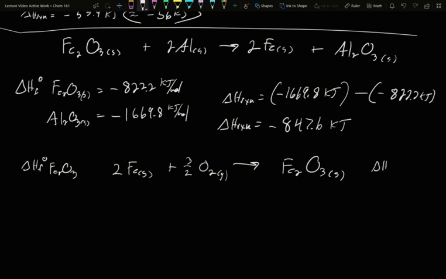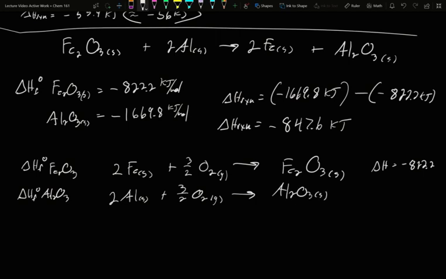So this would have a delta H equal to negative 822.2. Well, you could also write a reaction for the delta H of formation of the aluminum 3 oxide. It'd be 2 aluminum solid plus 3/2 O2 going to Al2O3 solid. This has its own delta H, negative 1669.8 kilojoules.